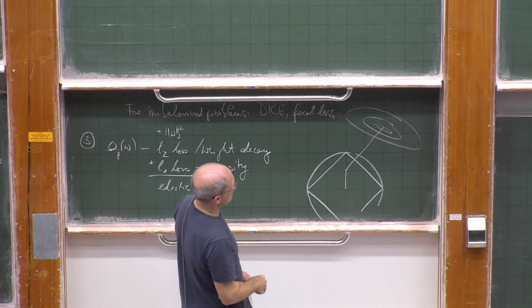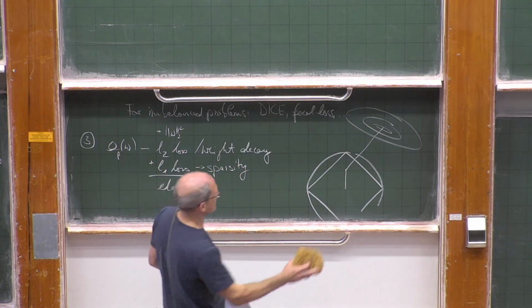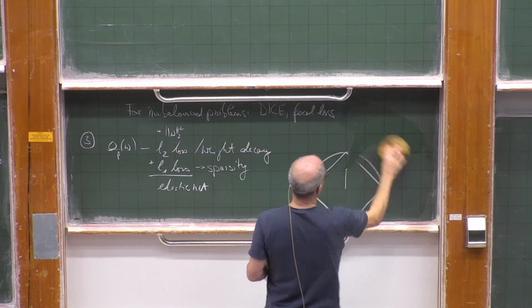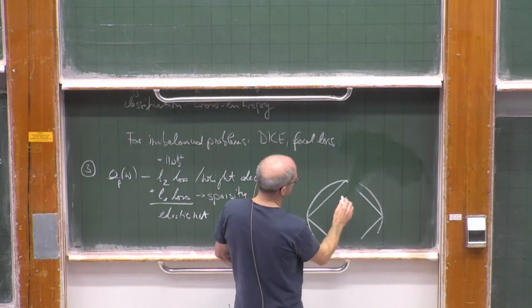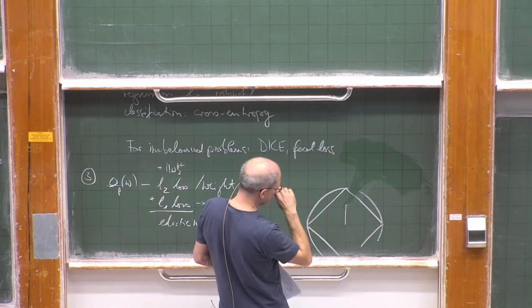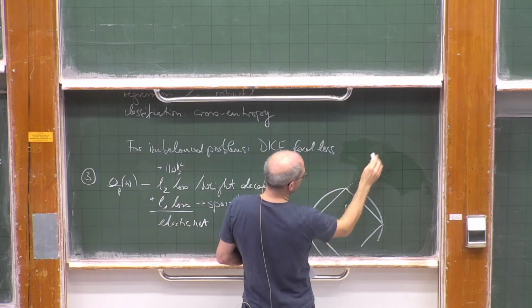I should have drawn an isotropic example. Let me try this again. So for some given regularization strength, I can distinguish two different cases.